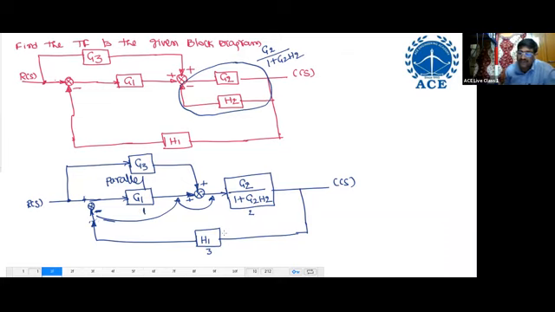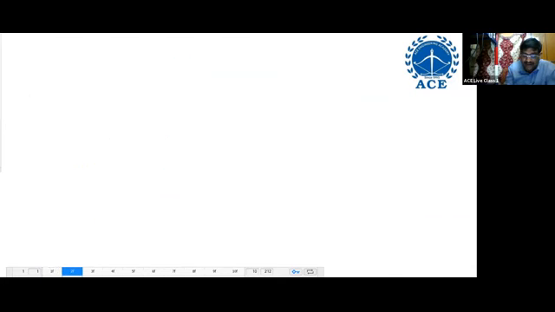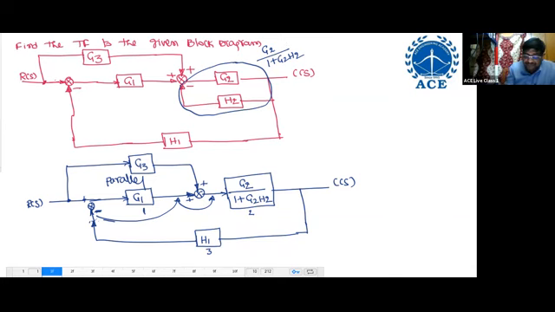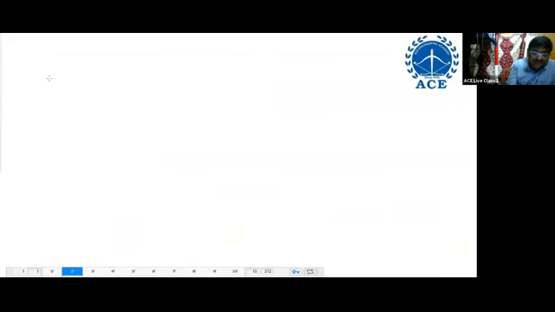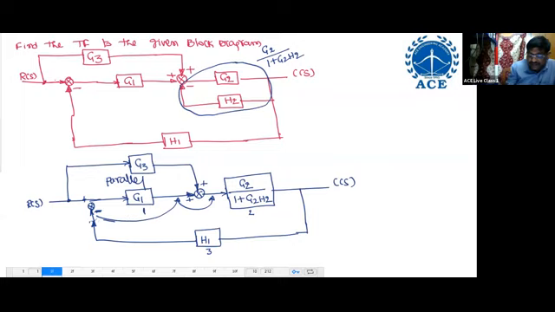So 3 blocks are there. In case I'll shift here, total how many blocks it will become? 2. Yes or no? For example, see next slide I'll write. Listen. Same thing I'll draw it in the next slide.